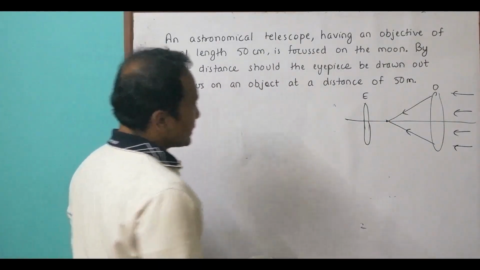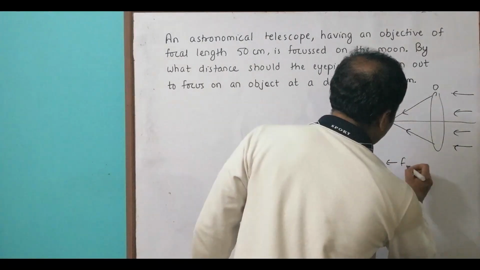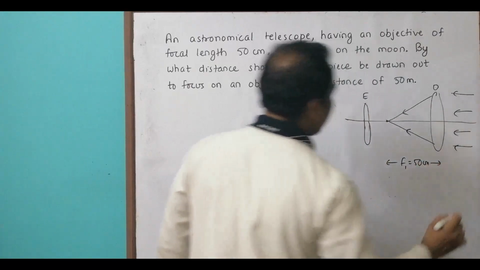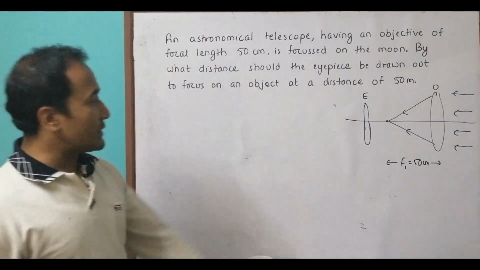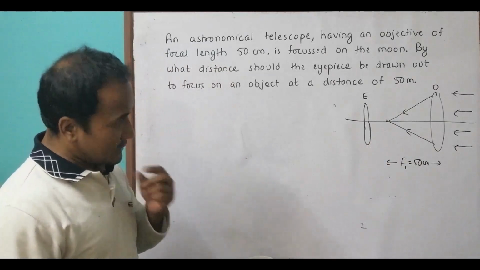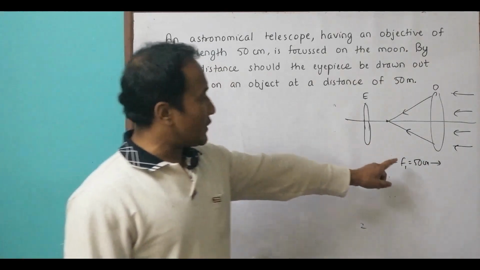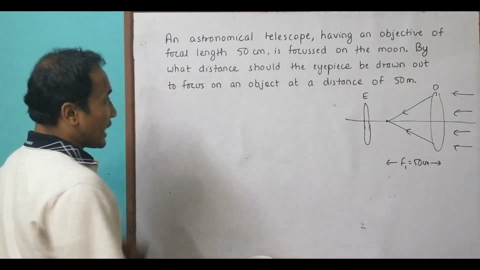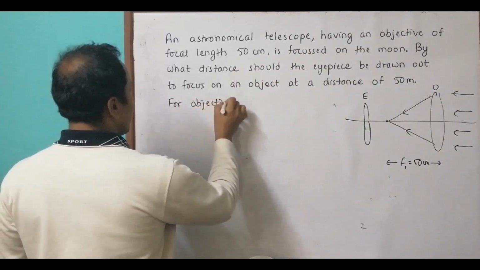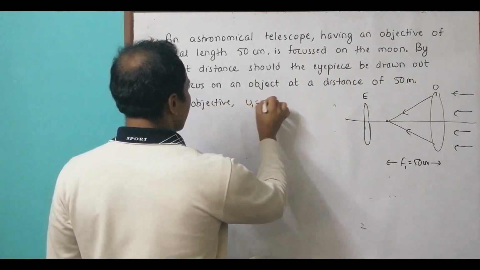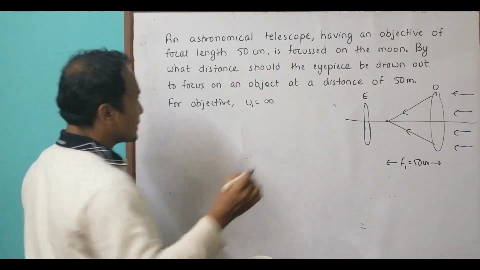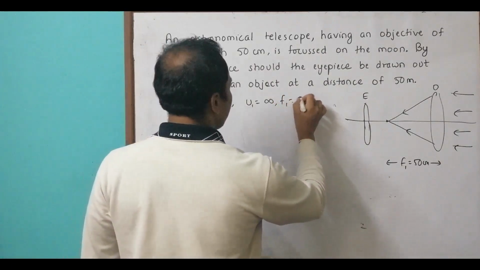According to the data, f1 is equal to 50 centimeter. Let us first find this image distance. As is evident from the diagram, when the object is at infinity, the image is formed at the focus. For the objective, u1 is equal to infinity, because it was used to focus on an object at infinite distance, and f1 is equal to 50 centimeter.